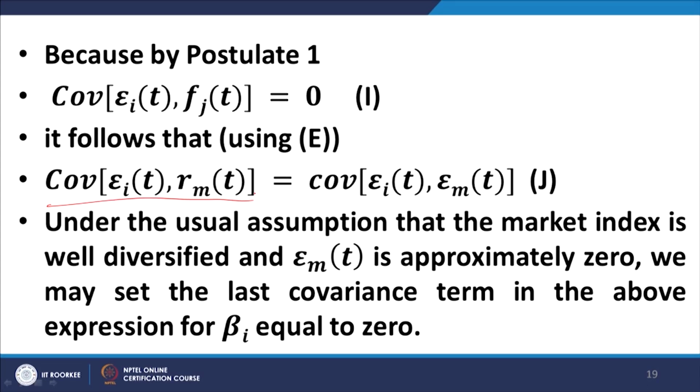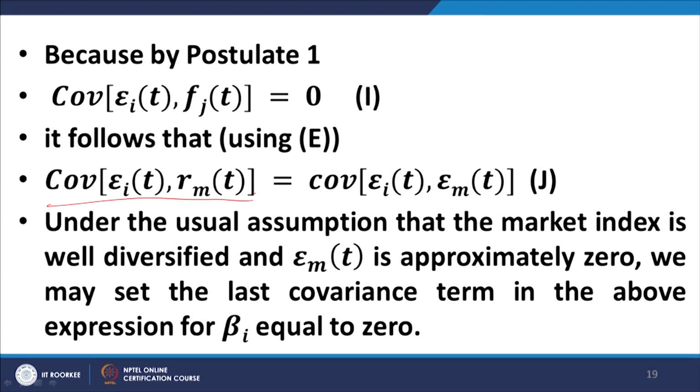Now, each of these terms is 0, but we have not assumed that the covariance between epsilon_it and epsilon_mt is 0. We have not assumed that. So, that term will survive, otherwise all the other terms will go to 0 because of the restriction contained in equation number i. So, that being the case, we end up with equation number j.